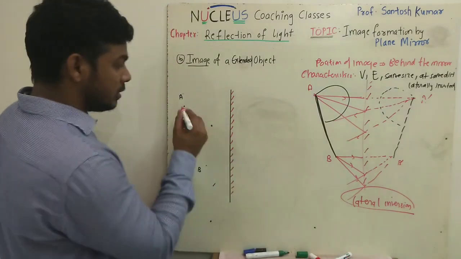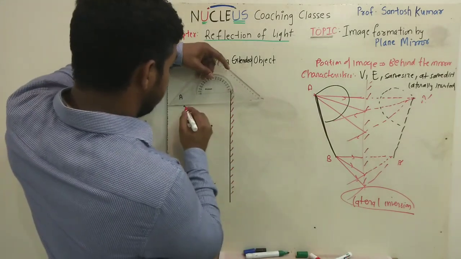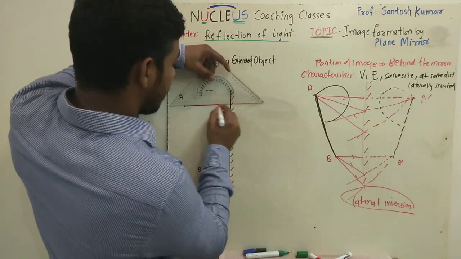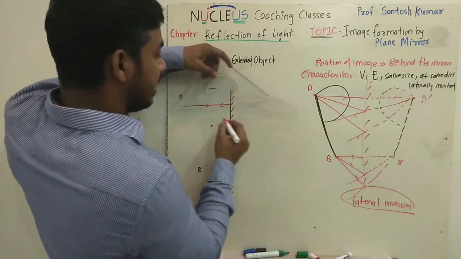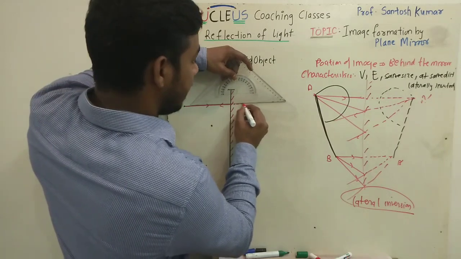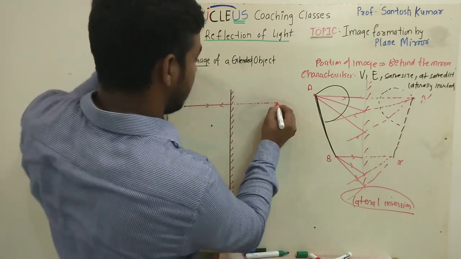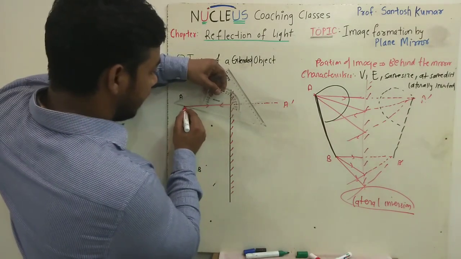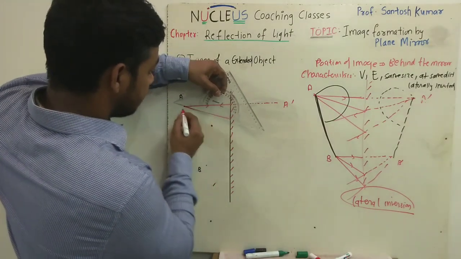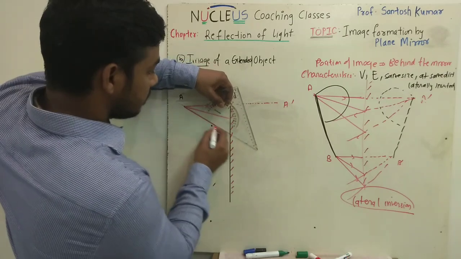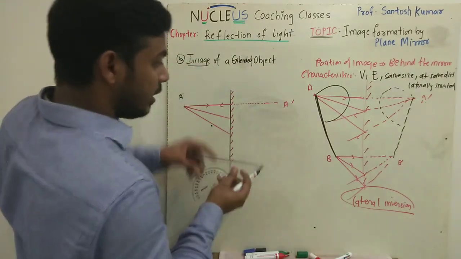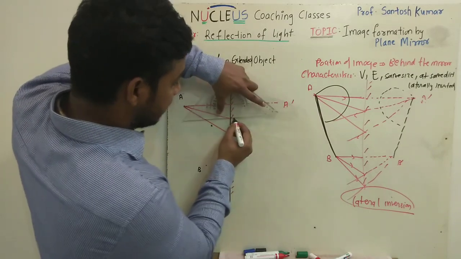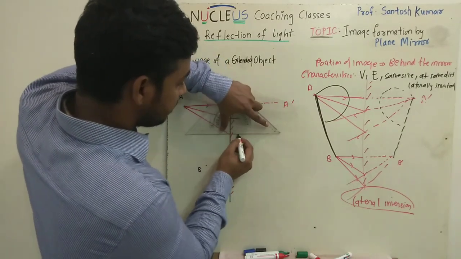So following the rules, let's say one of the rays will incident normally and will get reflected. So at a distance of 7 centimeter, I will locate A dash, right? And the other 2 rays I have to take obliquely. Now I will be joining this A. First let's draw the normal over here.